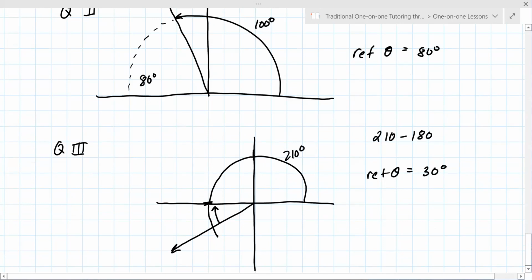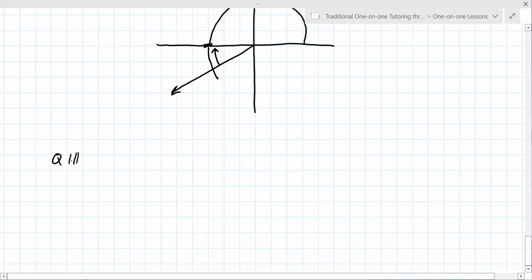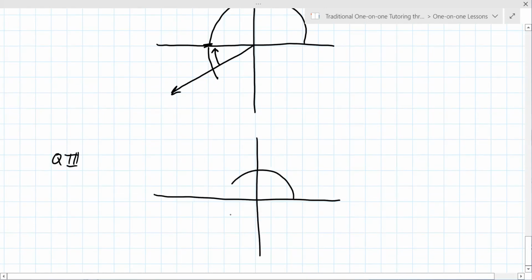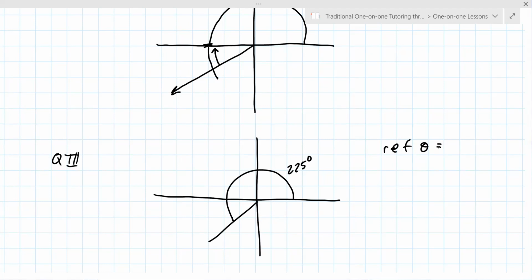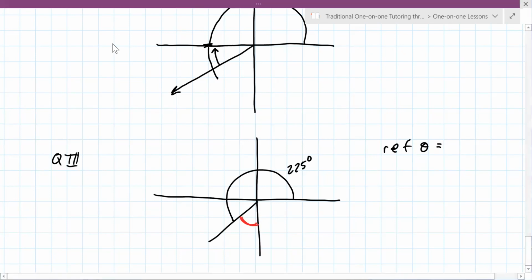Let me give you another third quadrant angle. Let's say you're at 225 degrees. What is the reference angle? Would I do 270 minus 225? What you just told me sounds reasonable. It actually gives you this angle right here, the one in red, but I actually want the blue.